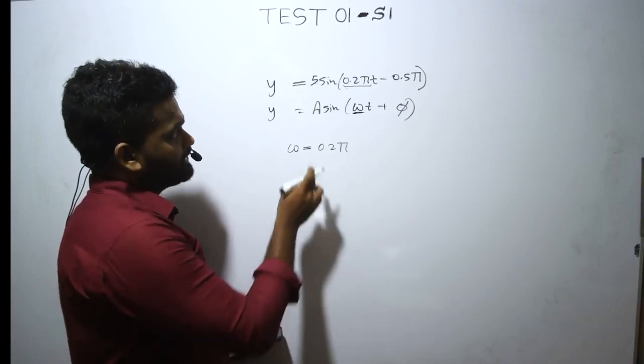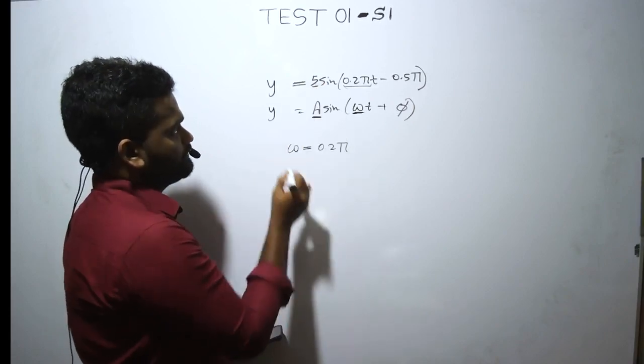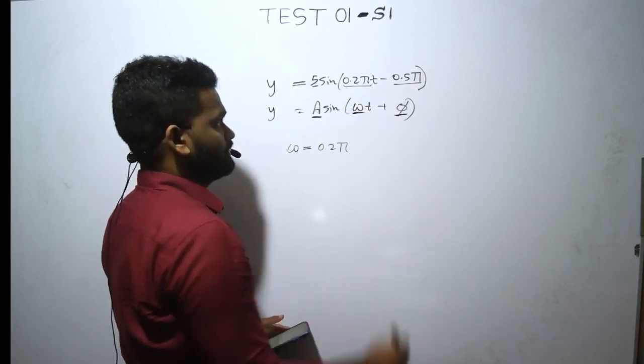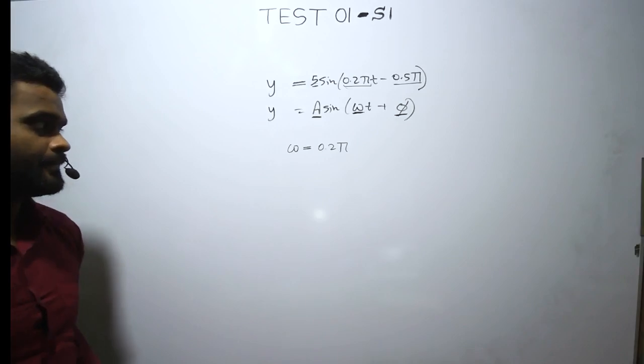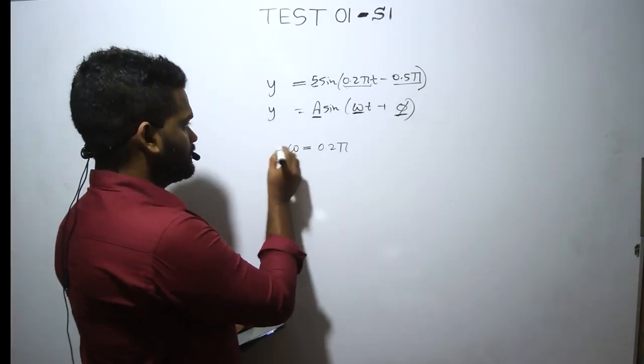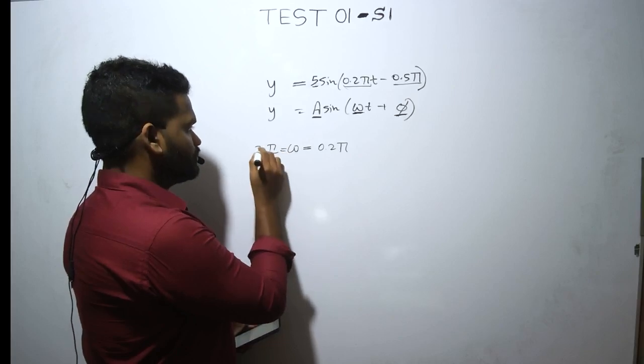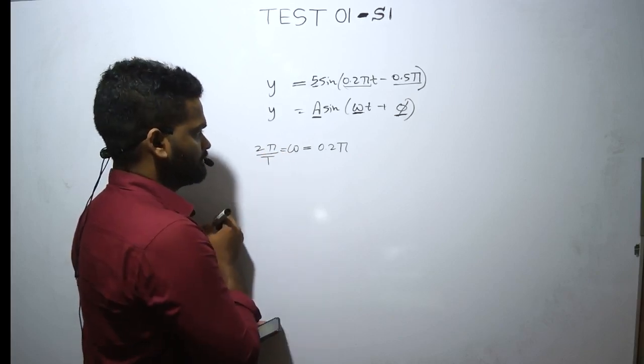If there's amplitude, amplitude should be 5. If there's initial phase angle, it should be 0.5 pi, right? But here they ask only about time period. So we can say omega is equal to 2 pi divided by capital T, right?